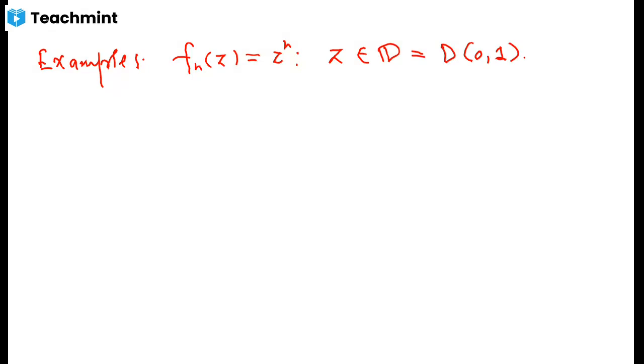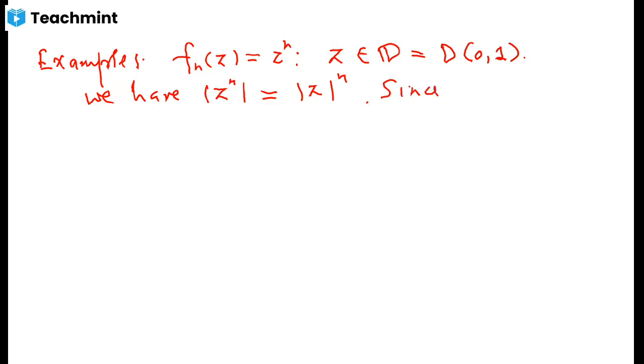So let us check where it goes. We have z to the power n. Its modulus I can write as mod of z to the power n. Mod of z is a real number, and this real number is less than 1.